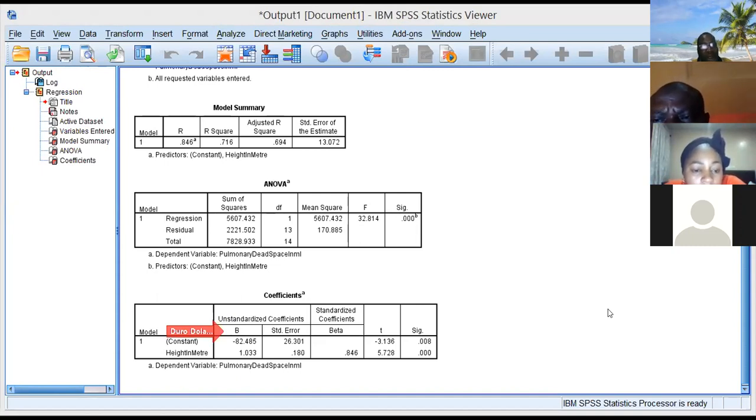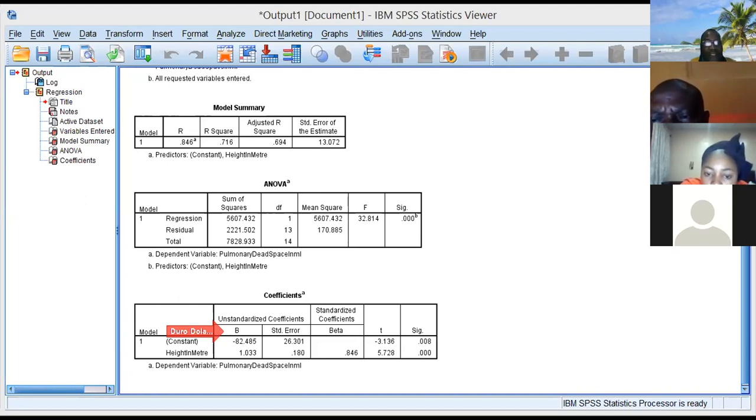But on that table, you see the model constant. That constant is the A, the intercept. So that B0 is the first one. If you remember, what we got is minus 82.4. That first one is the A, is the B0. Yes, that's what we got, minus 82.4.